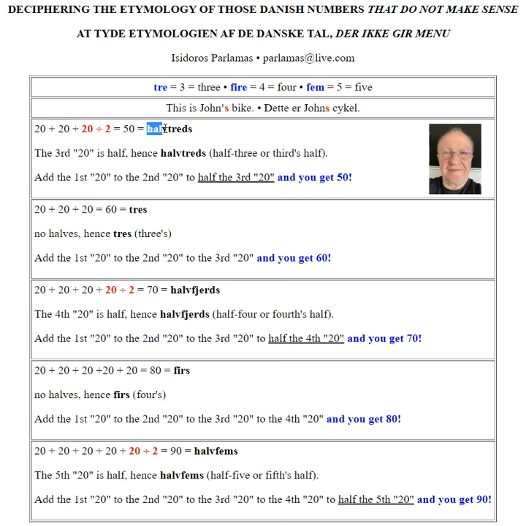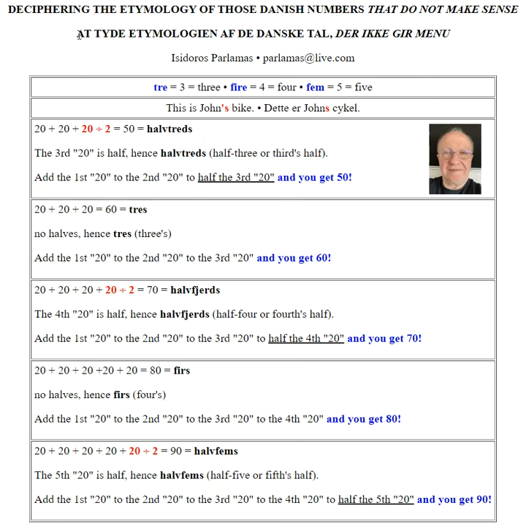It means half of the third 20. The third 20's half makes 50, in the sense that you add the first 20 to the second 20 to half the third 20, and that makes 50. So that's why 50 is called haltres.